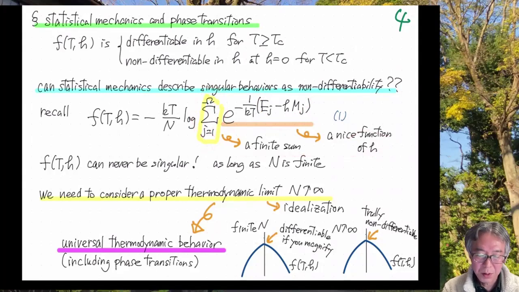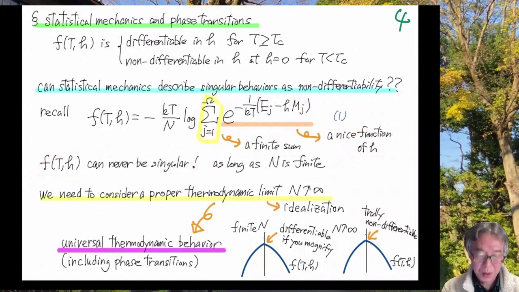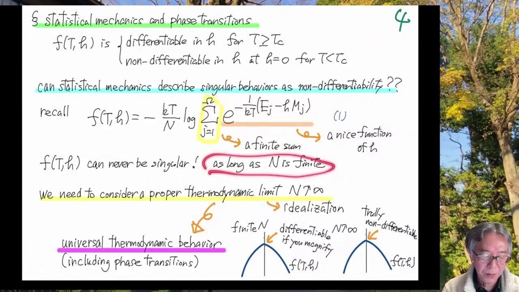So if you sum up this very nice positive function of h, and take the log, you still get a nice function of h. So this F can never be singular. I mean, it can never be non-differentiable, as long as N, the number of spins, the amount of substance, is finite.